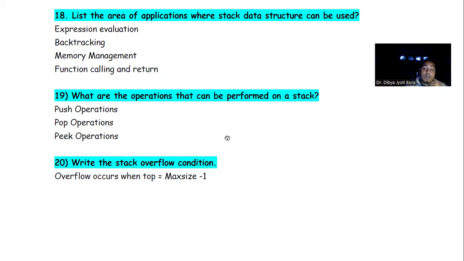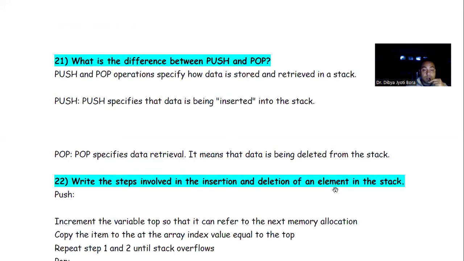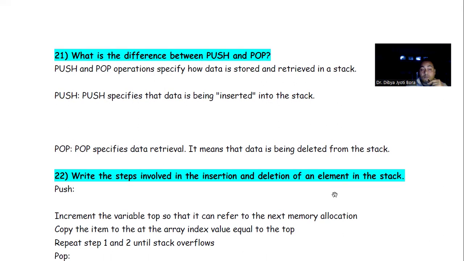Similarly, if max size is the total number of elements in the stack, then the last index will be max size minus 1 if we are counting from 0. So if top is at max size minus 1, it has already occupied all the space, and stack overflow will occur if we perform an insertion operation. So push for insertion, pop for deletion.